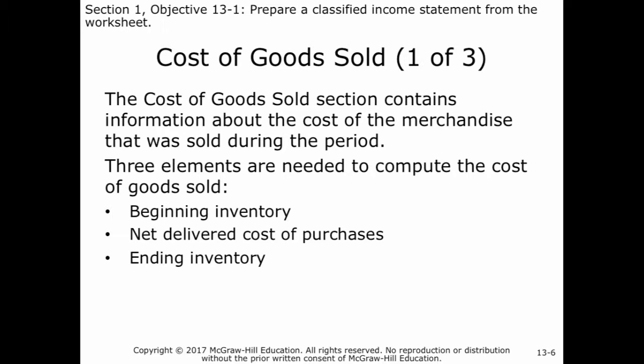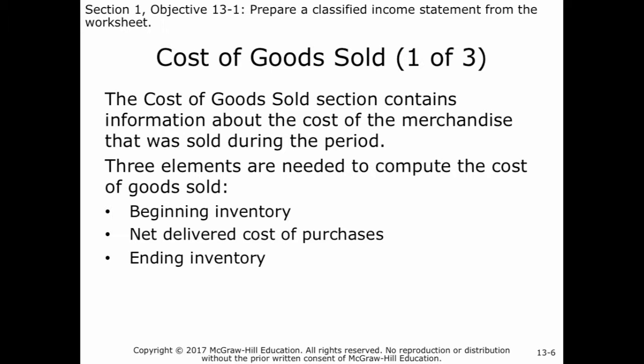In this case, the three elements that are needed to compute the cost of goods sold are the beginning inventory, the net delivered cost of purchases, and the ending inventory. What we will be covering in the next few slides is how to come up with those three calculations.